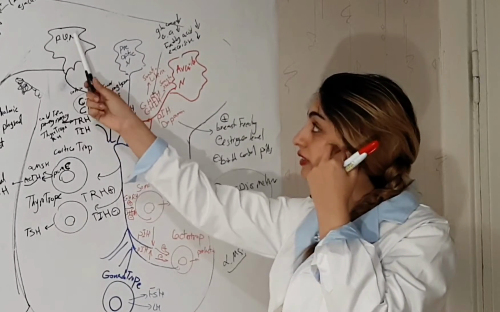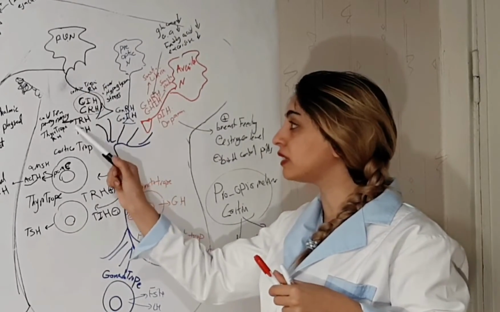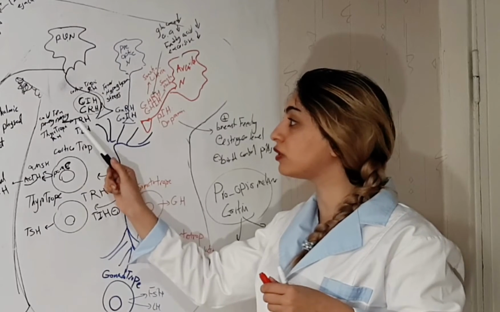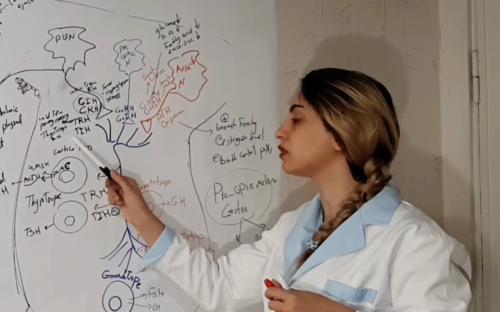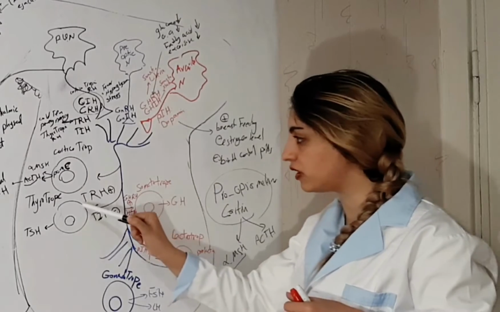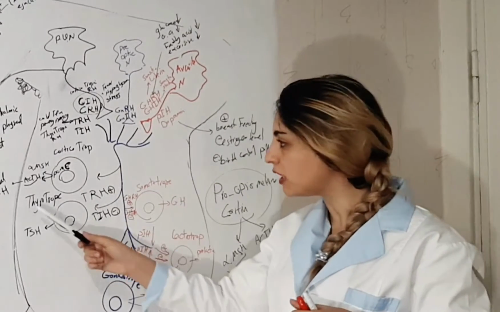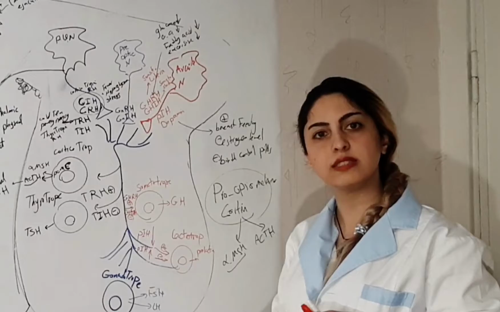And also this paraventricular nucleus will release the thyrotropin releasing hormone too, and also thyrotropin inhibitory hormone, and it will come to another trope. What kind of trope? Thyrotrope. It is a thyrotrope.